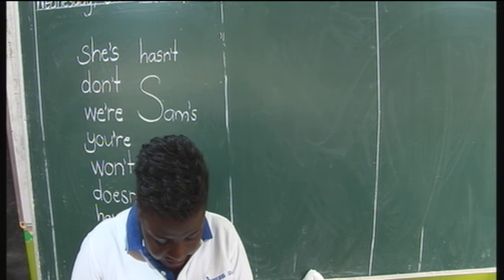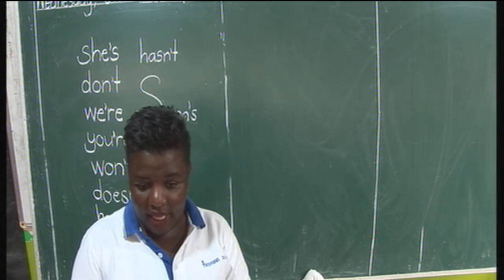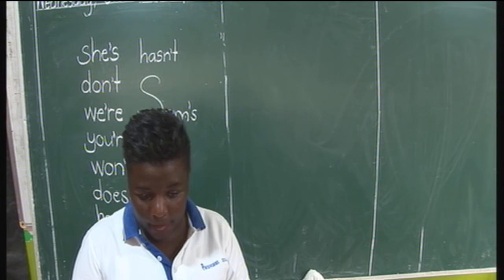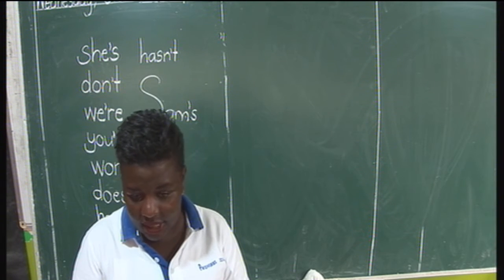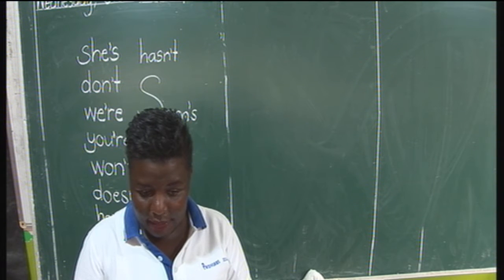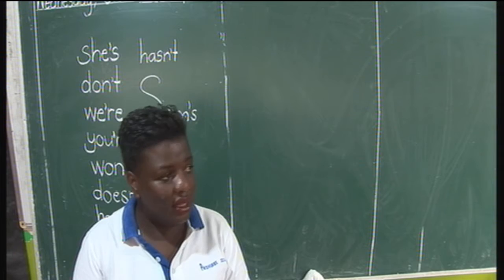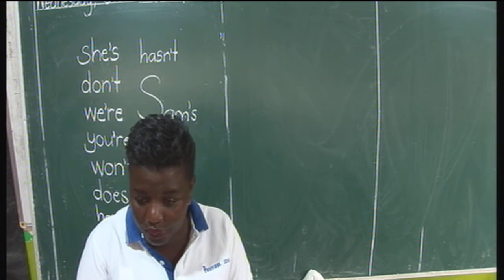The next is a guided composition. Guided means these people have given you the answers. So you're going to choose from the box to complete the story. But the mistake you guys always make, because you've been given the answers, you tend not to read through.